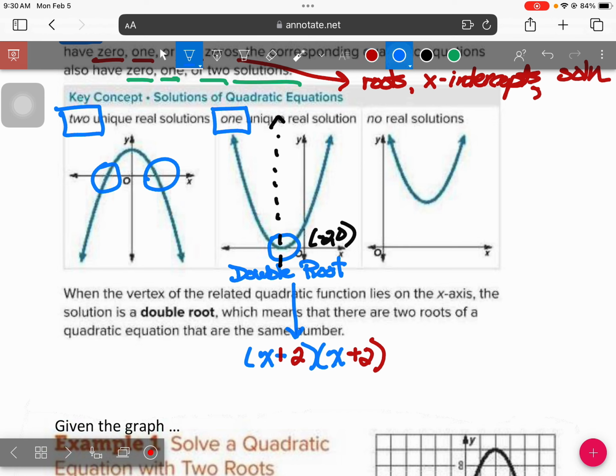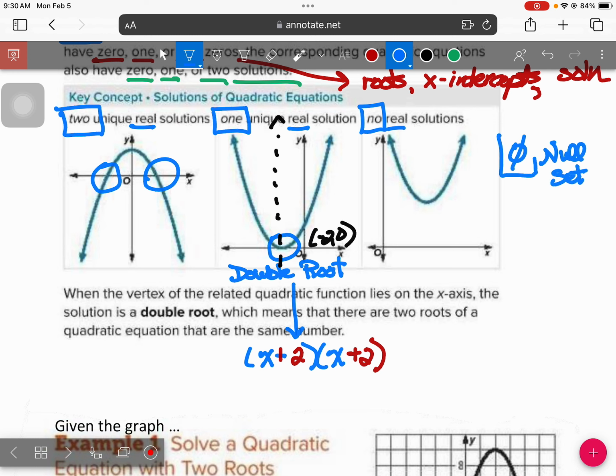Looking at the last one, this is no real solutions. And the key word here is real also. There are some imaginary ones. We'll find that out in a bit. No real solutions. So my graph does not cross the x-axis at all. It's either above it or it could be below it. Okay? You could also write it like this. This is called the null set.